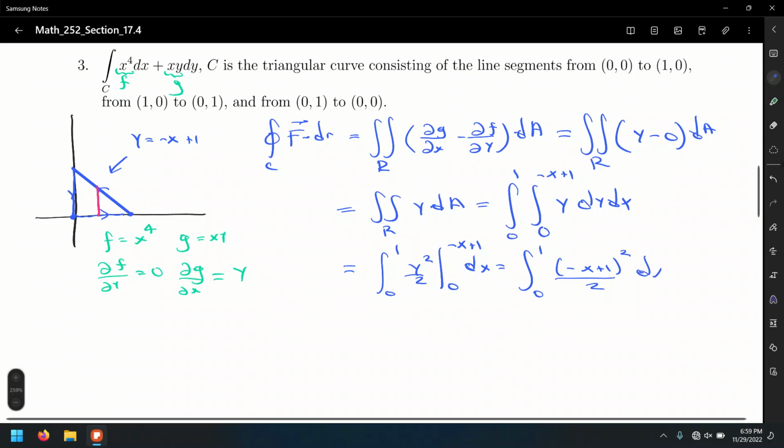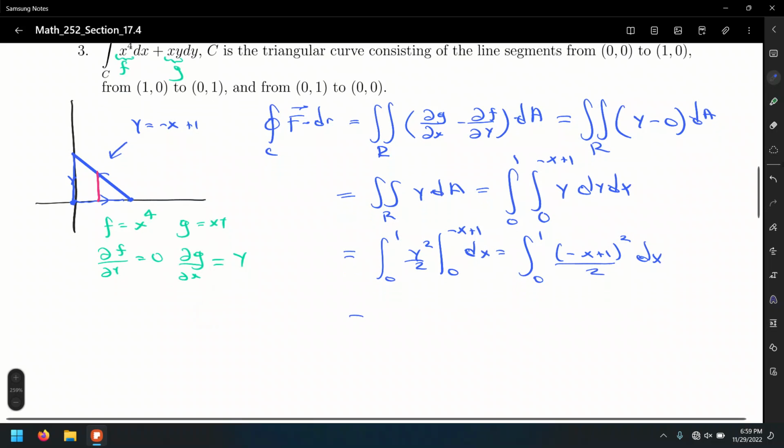There's a couple of ways to evaluate that integral: by substitution, or expanding the binomial and then integrating three terms. After doing this integral, we should get 1/6. As you can see, it's a lot quicker to evaluate this line integral using Green's theorem.